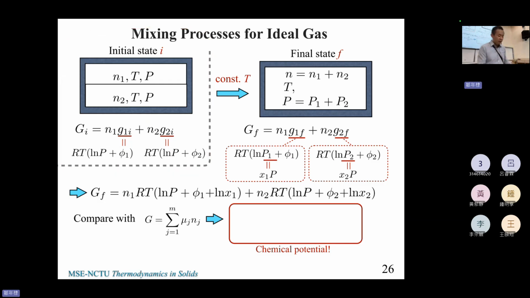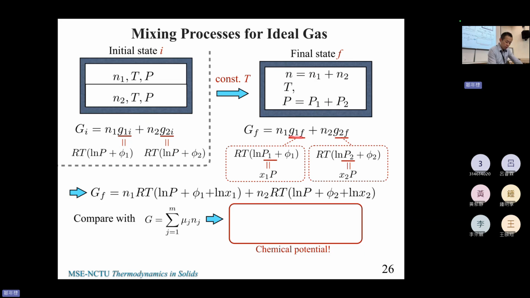After we take off the wall, the temperature is the same, and the pressure is P. N becomes N1 plus N2. So G final equals N1 G1 F plus N2 G2 F. Again, we can use the RT natural log P plus phi equation.